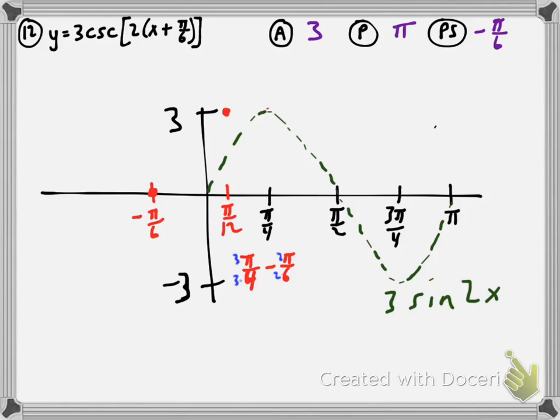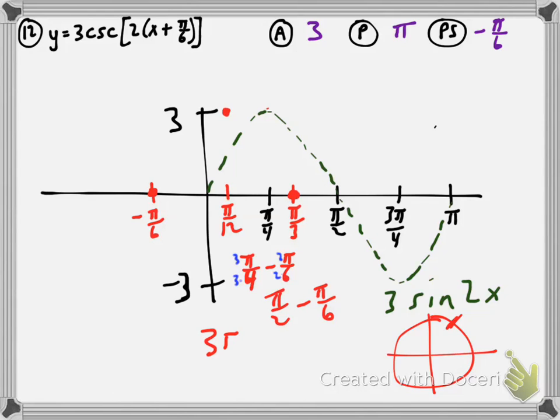Okay, and we can keep doing this, and we're going to need to keep doing this. Pi over 2 minus pi over 6. We can do this. We know the unit circle. Pi over 2 minus pi over 6, well, that's pi over 3. So that's an easier one. Pi over 3, that's going to be an x-intercept. 3 pi over 4, on the other hand, 3 pi over 4 minus pi over 6.